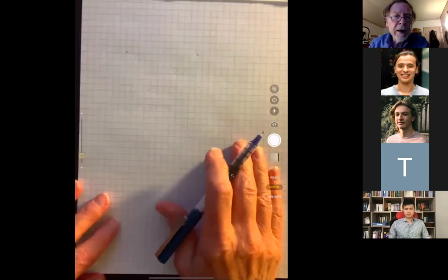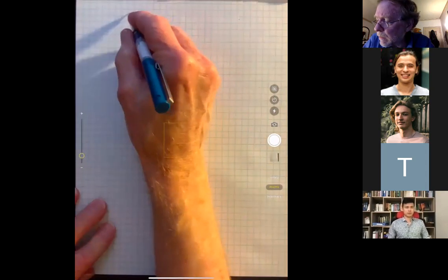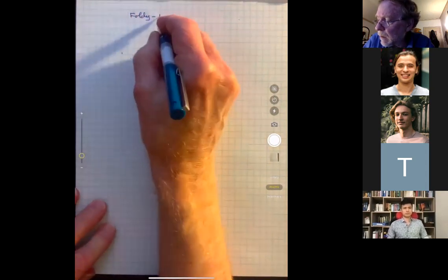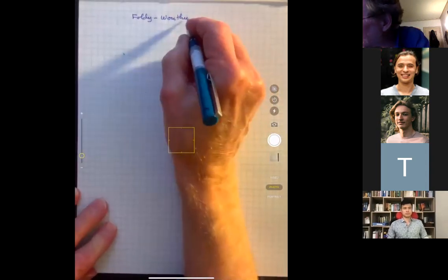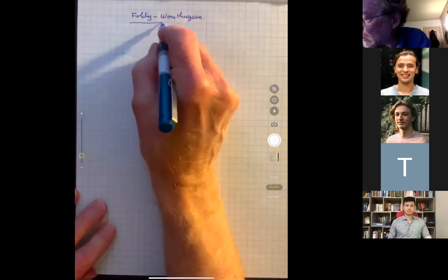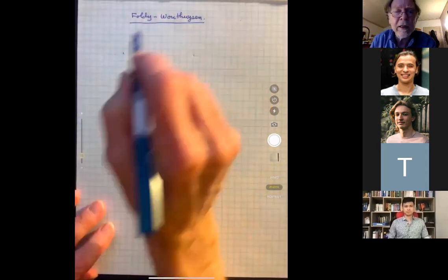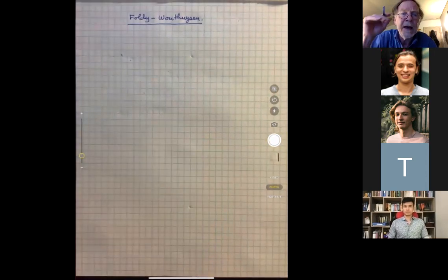All right, at this point, I want to tell you about the Foldy-Wouthuysen transformation. Wouthuysen is Dutch, and so you can't pronounce his name correctly unless you're born Dutch, which I'm not, but it's something like that.